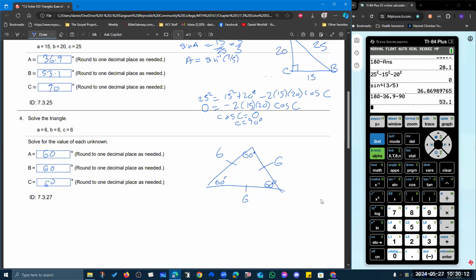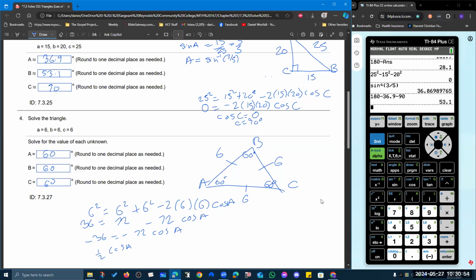Let's prove that to you. 6 squared equals 6 squared plus 6 squared minus 2 times 6 times 6 cosine of, let's just pick A. Okay, so 36 equals 72 minus 72 cosine of A. Negative 36 equals negative 72 cosine of A. 1/2 is cosine of A. A is equal to 60 degrees.